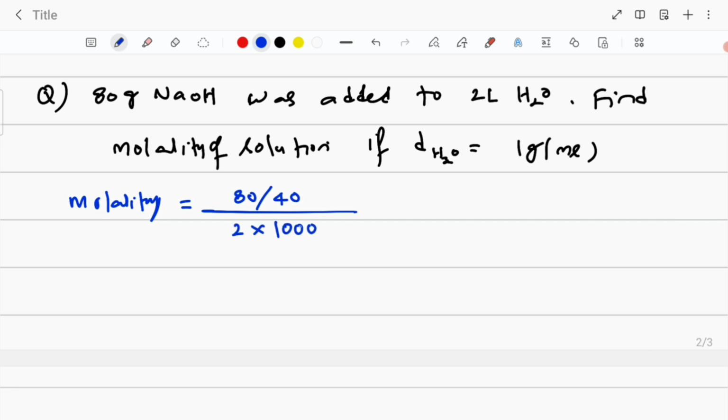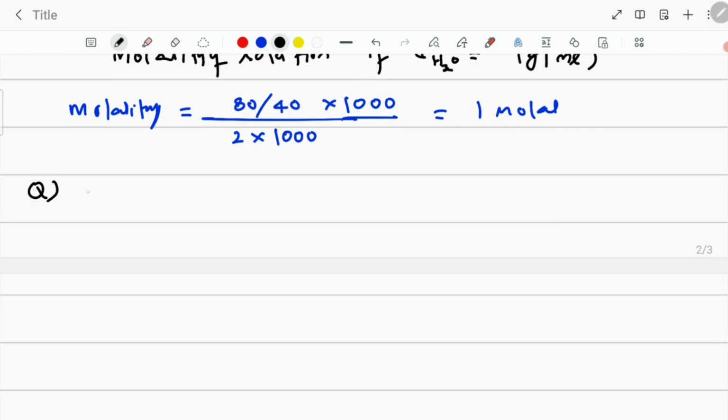As usual, same method, density into volume gives the weight of solvent. So overall we got 1 molal. The answer for the given question is 1 molal solution.